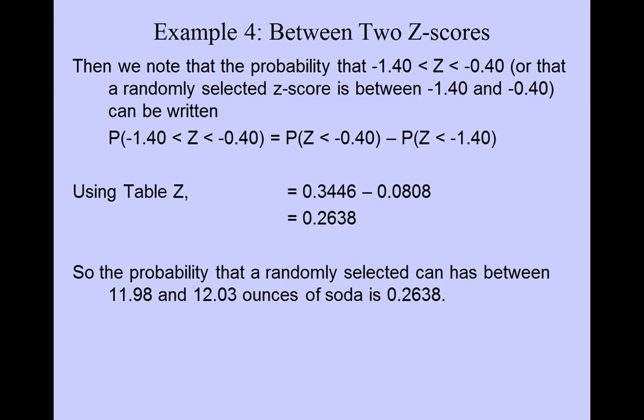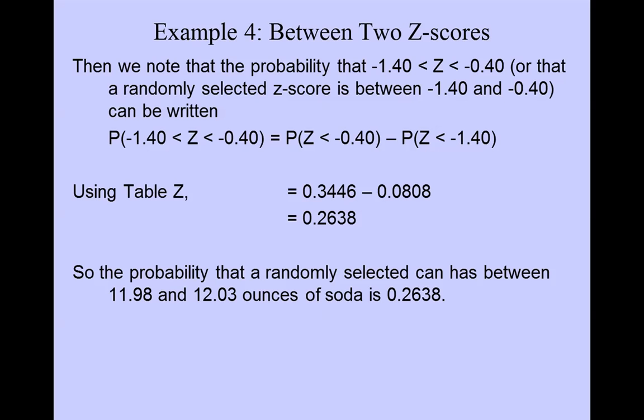Then we note that the probability that a randomly selected z-score is between negative 1.40 and negative 0.40 can be written as the probability that z is less than negative 0.40 minus the probability that z is less than negative 1.40.